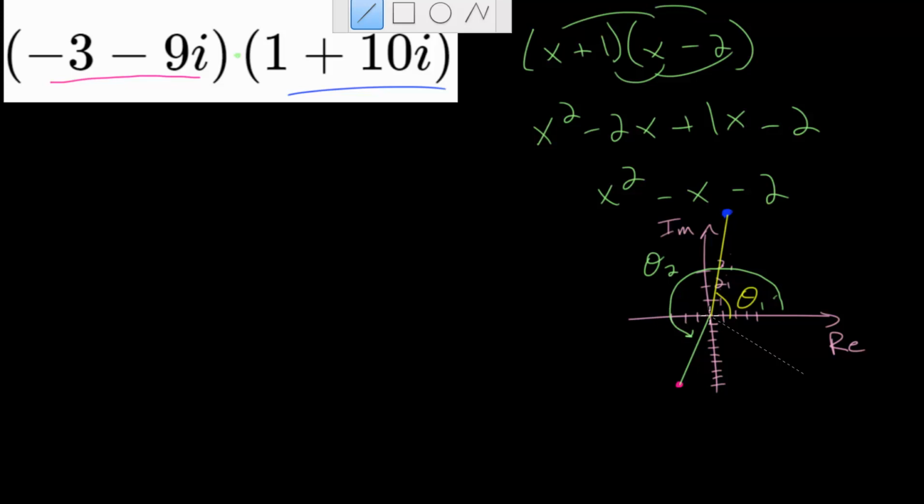The lengths, the magnitudes of the two complex numbers, these distances from the origin, those will multiply together. So if we multiply this distance here, which is just bigger than 10, and this distance here, which is about 9.5, we get roughly something just under 100. So the product in its geometric interpretation would have an angle in this fourth quadrant, but its point would be out at a distance of around 100 away from the origin.